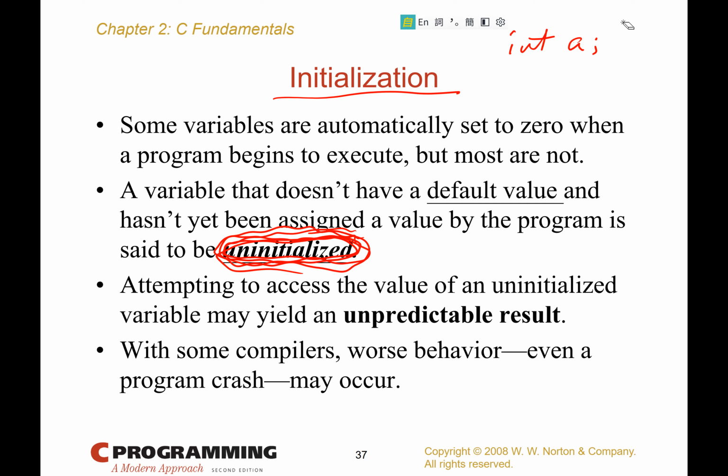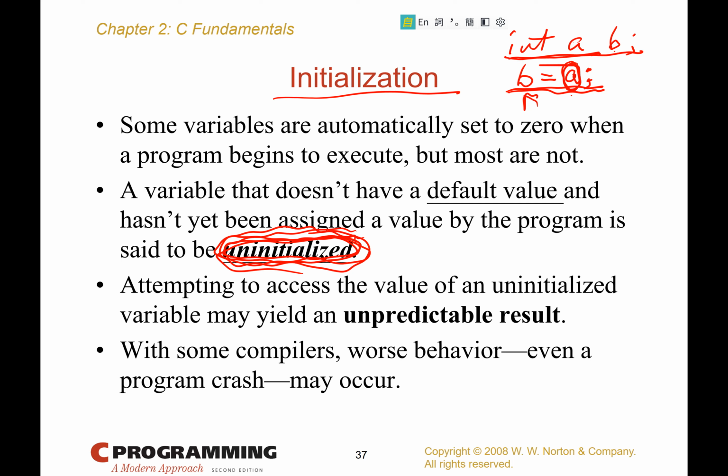Now we have another variable called B. Now we put in a statement B equal to A, which means the computer takes the value of A and saves the value into B. But the problem is what? We don't have the value of A.